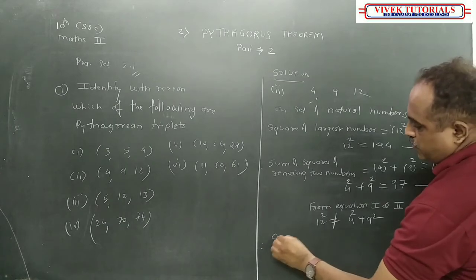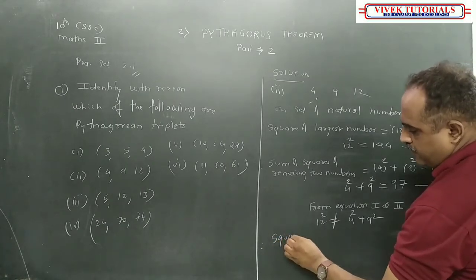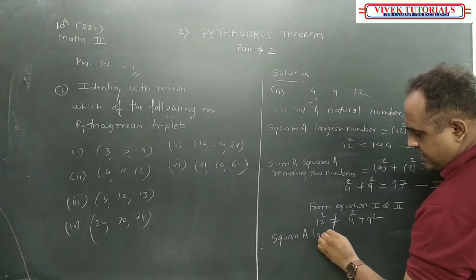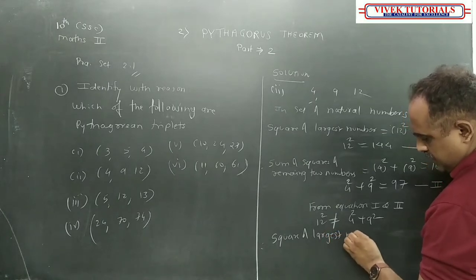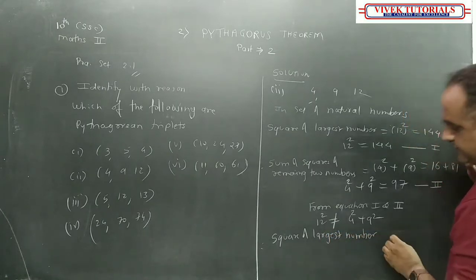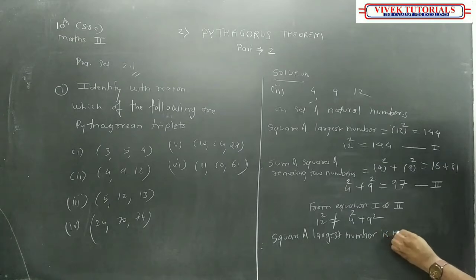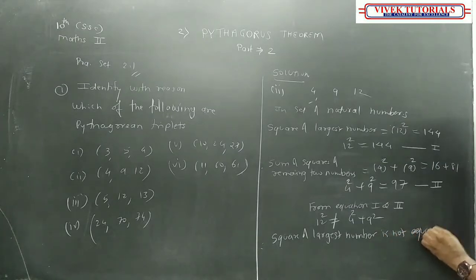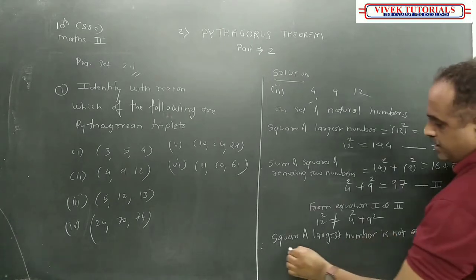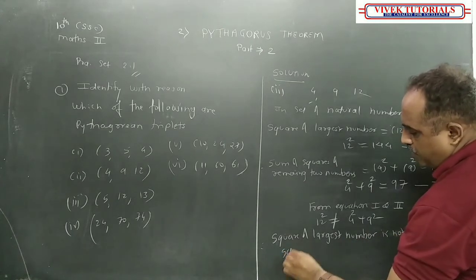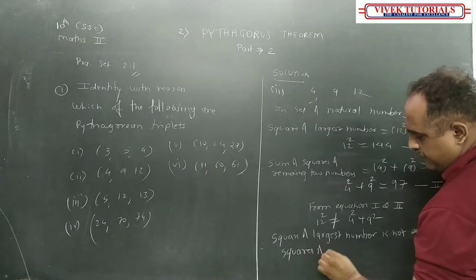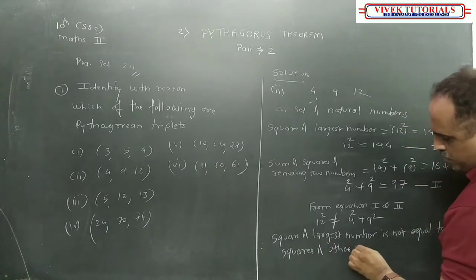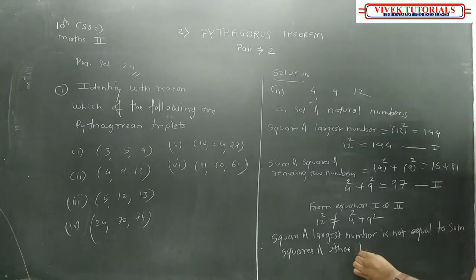Therefore, square of largest number is not equal to sum of squares of other two numbers.